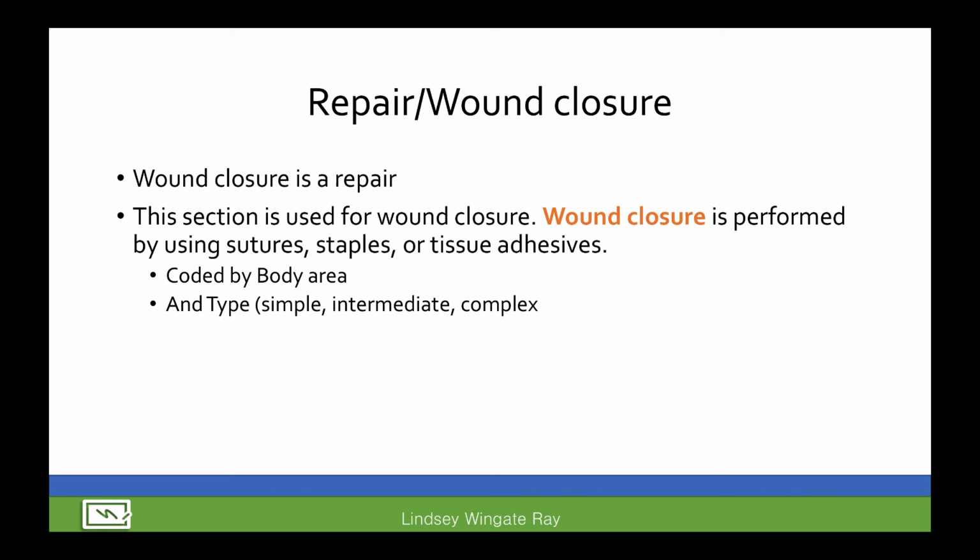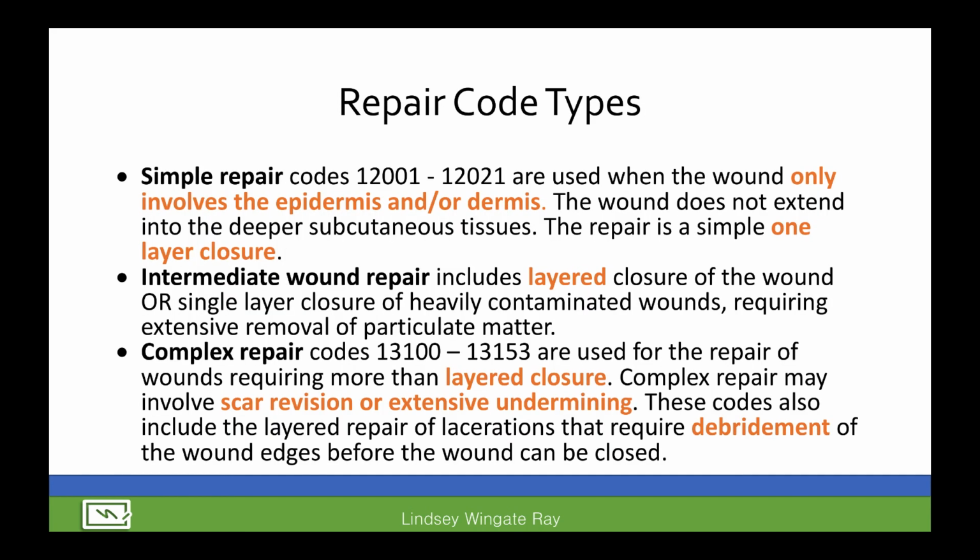This section is used for wound closure. Wound closure is performed by using sutures, staples, or tissue adhesives. These codes are coded by body area and type, simple, intermediate, or complex. Let's talk about simple, intermediate, and complex and what those mean.